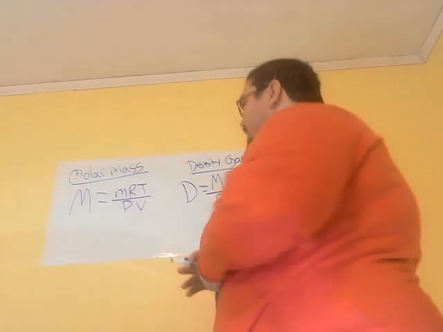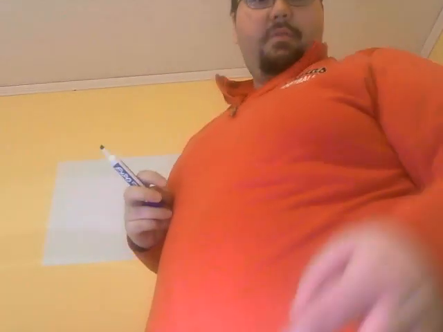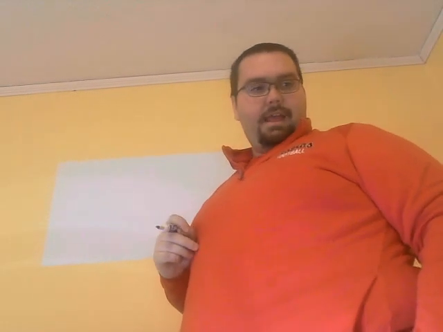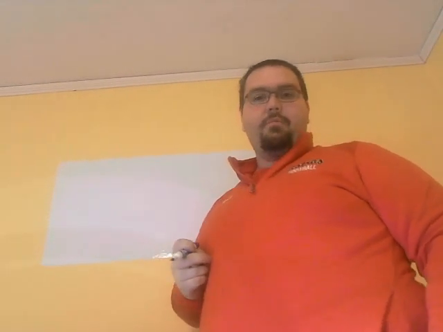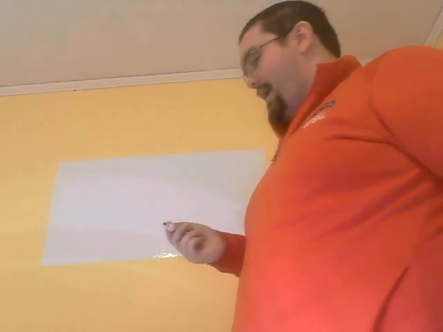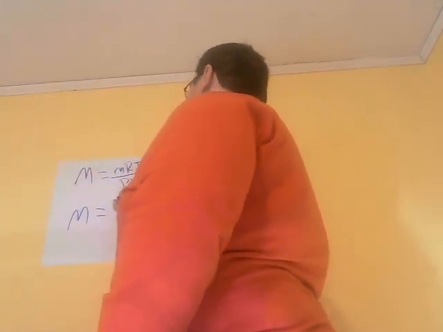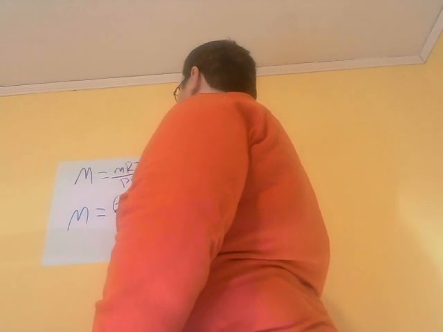So, the practice problem I gave you for the molar mass read that there was 3.5 liters of an unknown gas, and it weighed 24.7 grams. It was at a pressure of 2.5 atmospheres at 25 degrees Celsius. We need to find the molar mass. So we're going to use big M equals little m RT over PV. So now, let's just plug in our numbers. Our little m stands for mass, that was 24.7.